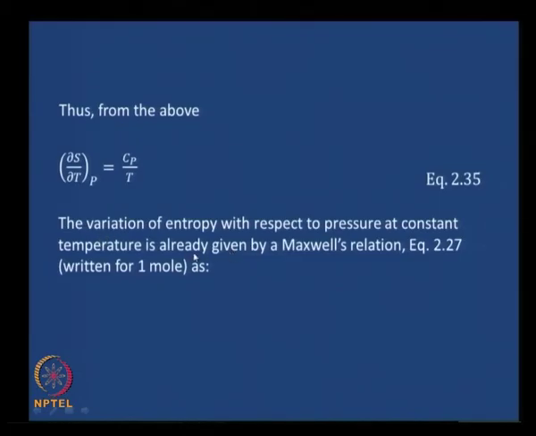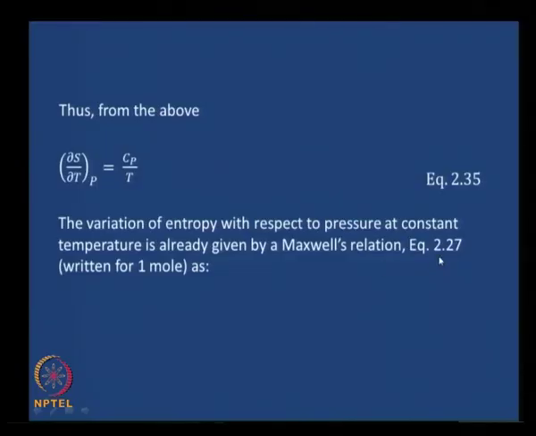We will call this equation 235. So, we have some more remaining. The variation of entropy S with respect to pressure at constant temperature, ∂S/∂P with T remaining constant, is actually given by a Maxwell's relation. We had written all 4 equations for 1 mole of a pure substance. You can go back and look at that.